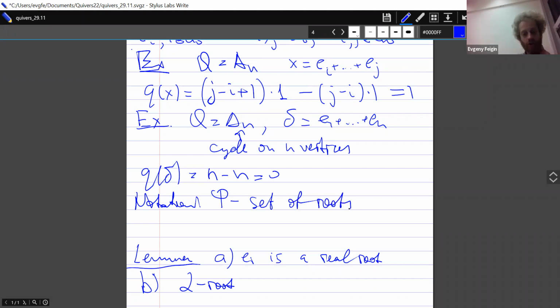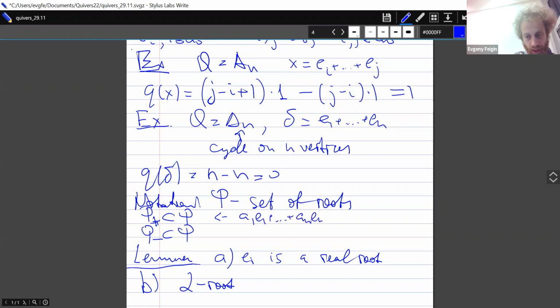And so we also have the notion of positive root and negative root. So we say that we have Phi plus inside Phi and Phi minus inside Phi. And this is the set of roots of the form a_1 e_1 plus ... plus a_n e_n, where all a_i are non-negative, and these are of the form a_1 e_1 plus ... plus a_n e_n, where the a_i are non-positive.